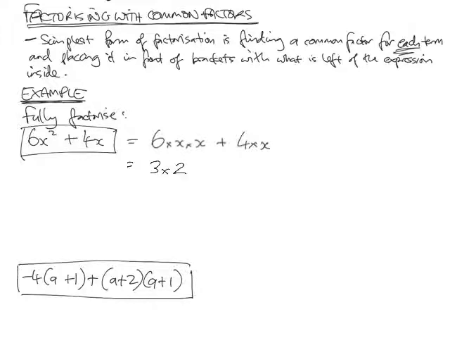So 6 times by x is the same as 3 times by 2 times by x plus 2 times by 2 times by x. And so you'll find that there is something more complicated but common to both of these. It's 2 times by x. You can see that 2 times by x is in both of these. So we have the biggest common factor in both of these terms.